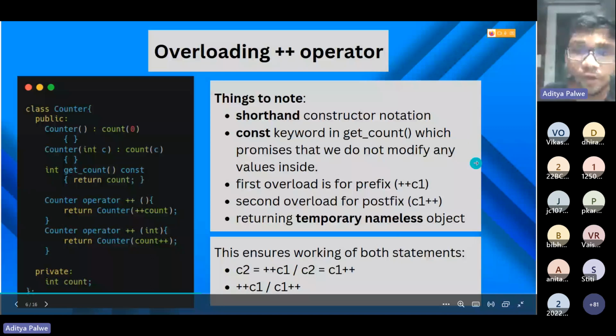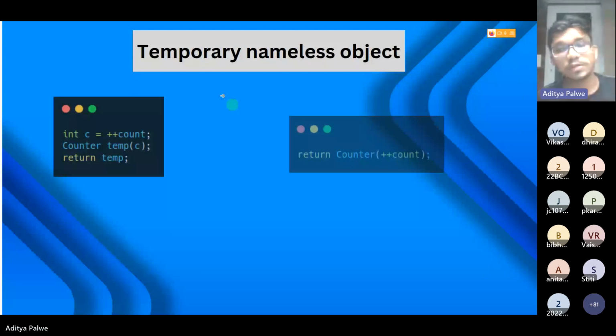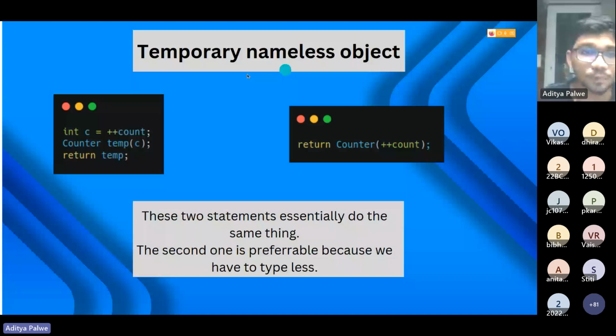Now we'll go on to the next slide. Now the concept of a temporary nameless object. Like in the previous session, I had int c equal to plus plus count, counter temp c. So this is a temporary object of the counter class, and then I return it. So it was really typing 3 lines of code.